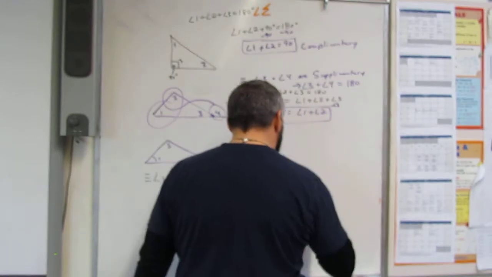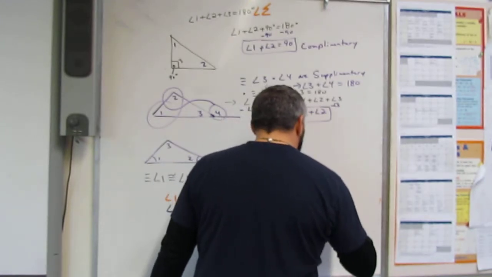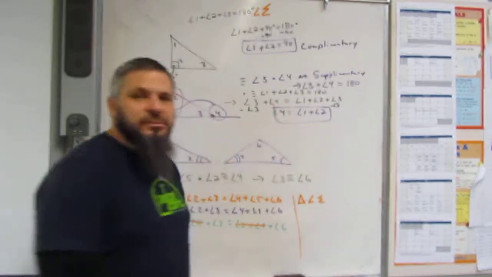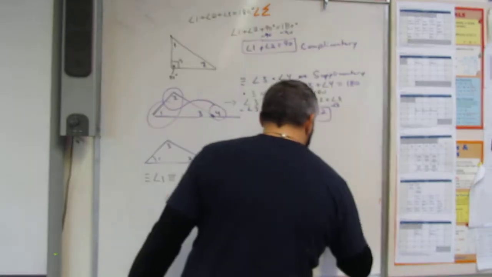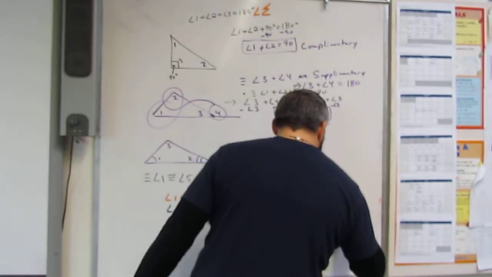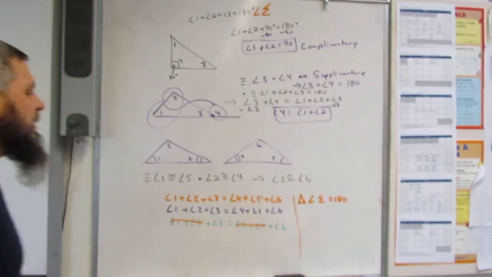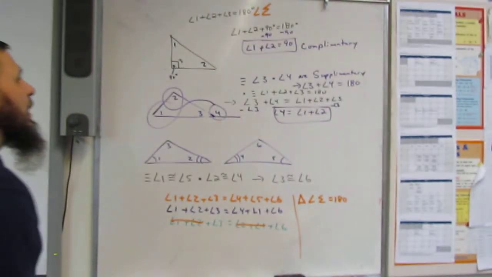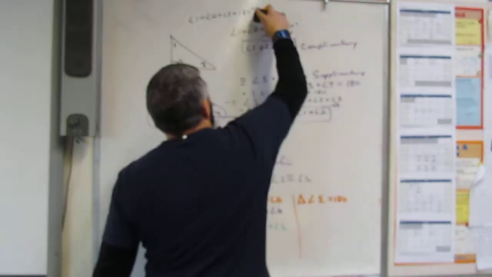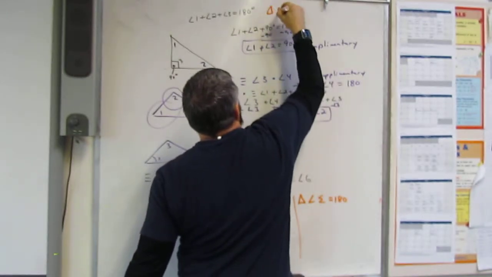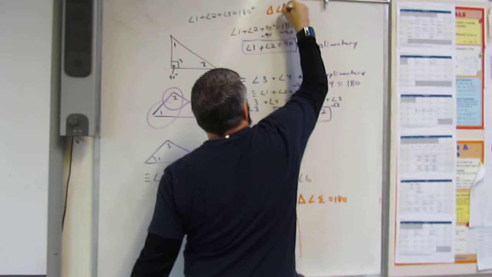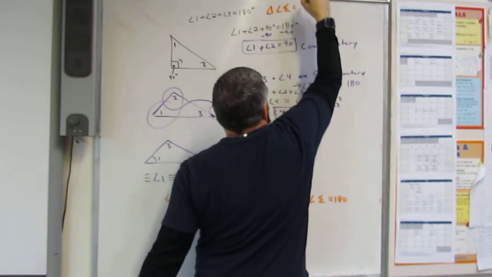Let's be a little bit more specific. Triangle angle sum. So with every triangle, the angles add up to be 180. So let's put that, that's what we're going to use from now. Triangle angle sum equals 180.